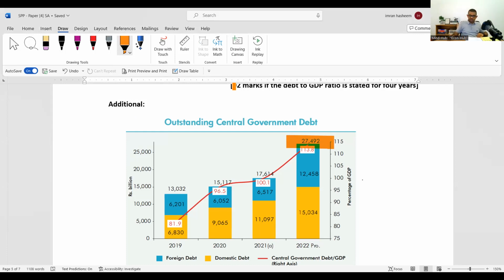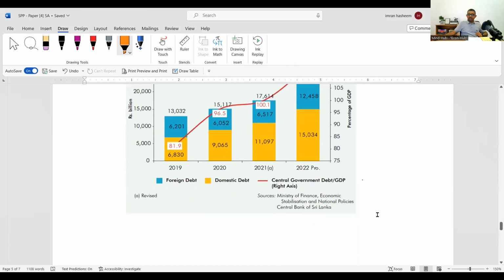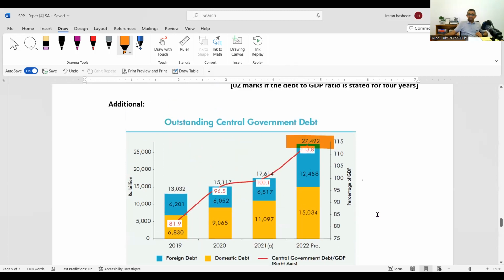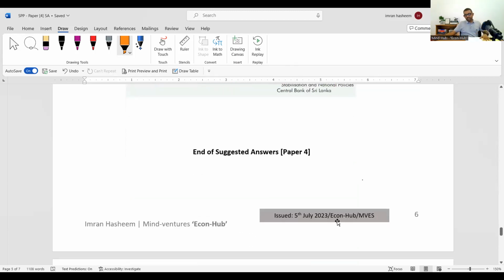Domestic sources, foreign sources, majority domestic, but at the end of the day it has to be paid. Is that clear? I think you guys are okay. So with that, I will conclude this suggested answer discussion for the special paper practice series, paper 4.